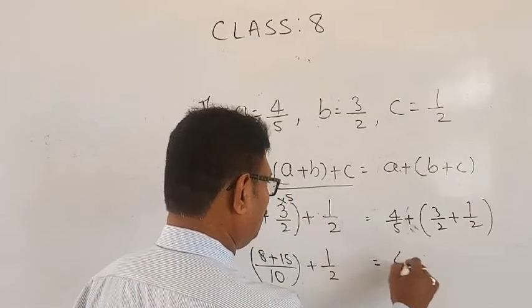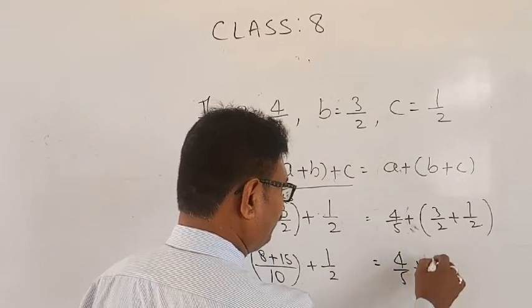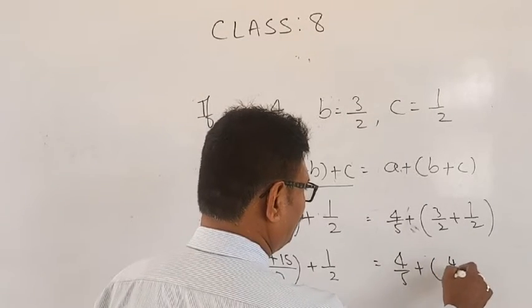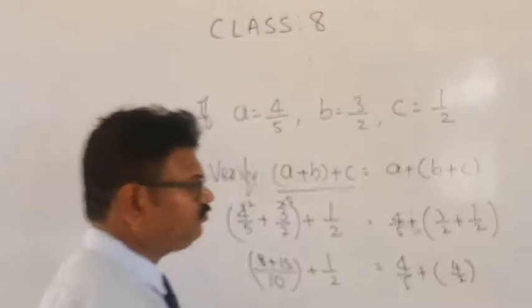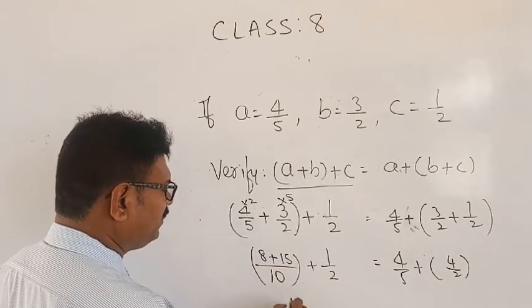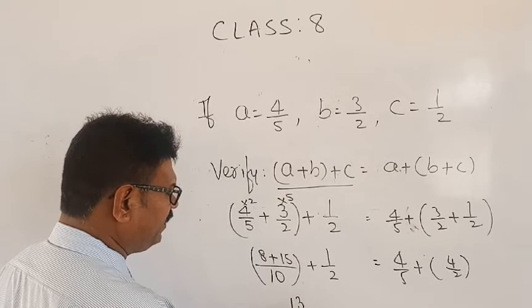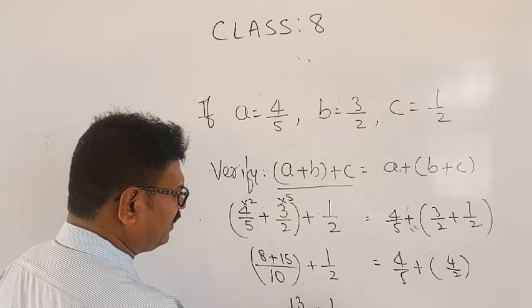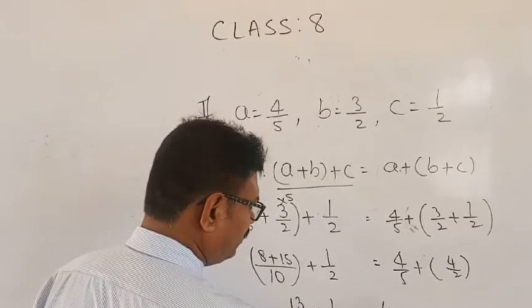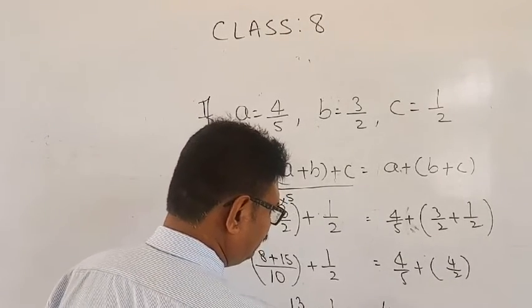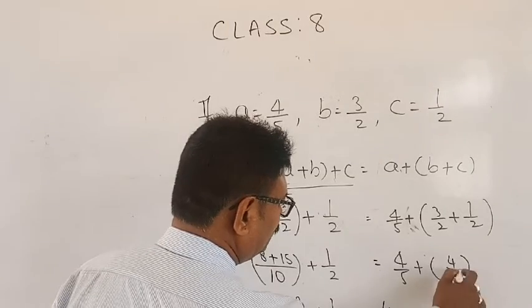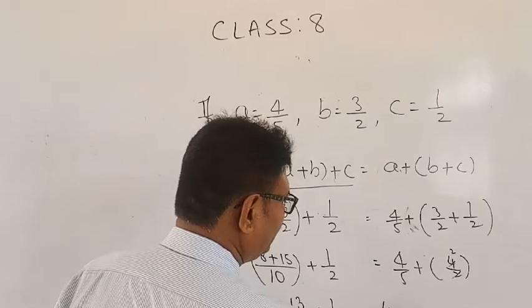This equals 4 by 5 plus 4 by 2. Next 8 plus 15 is 23 by 10 plus 1 by 2, equal to 4 by 5 plus 2.